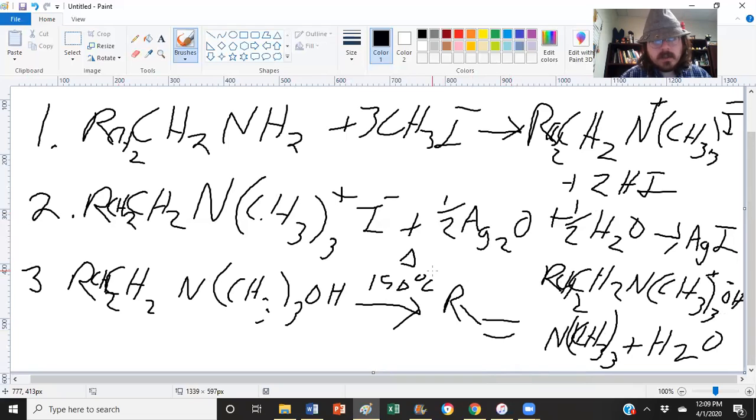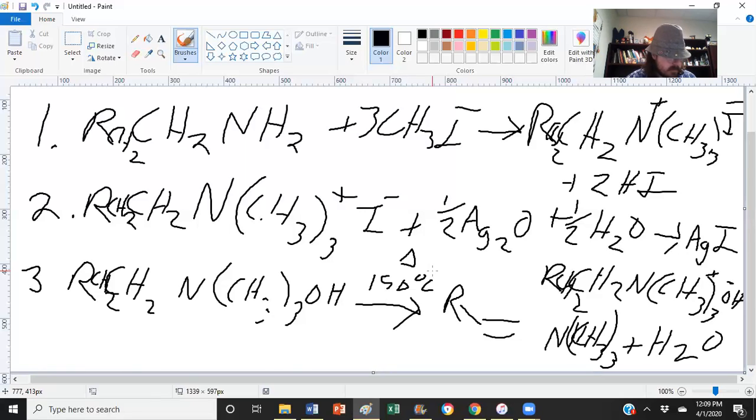There has to be a hydrogen on that secondary CH2. So we're going to form the least substituted, the Hofmann product. Often the Zaitsev product is the most substituted, and we call the least substituted the Hofmann product.